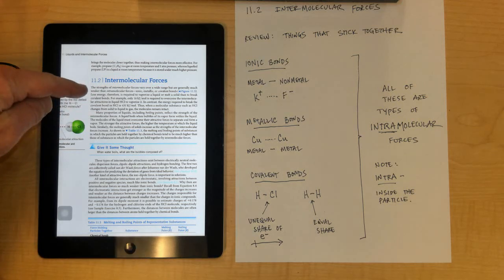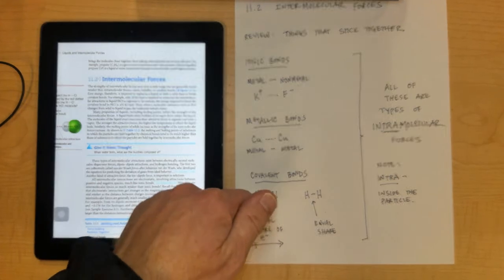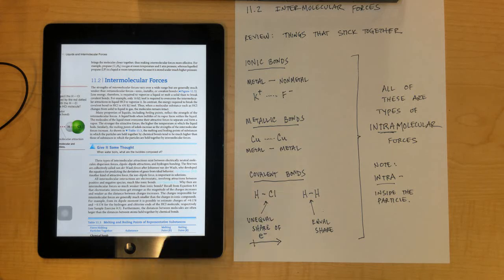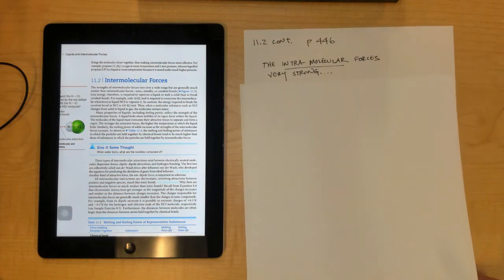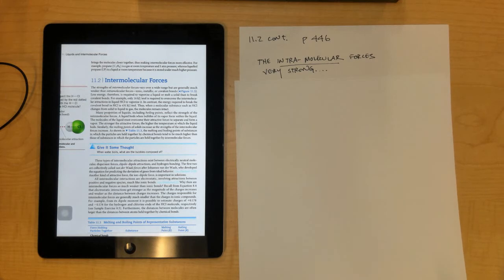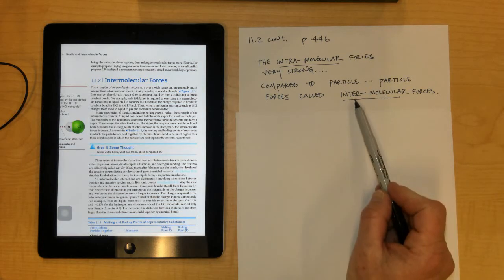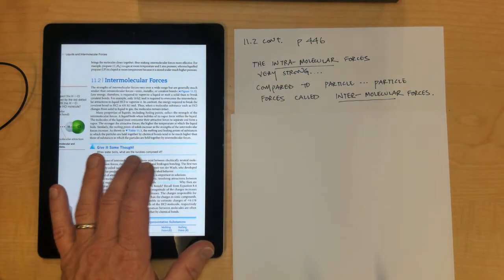We're going to focus in on the intermolecular forces right here. Not these, but once we have the particle, what makes the particle, like HCl, stick to another HCl? Or an HCl particle connect to an H2 particle. So the intramolecular forces are the ones that are very, very strong. Those are the ones that are super strong compared to the particle-particle forces called intermolecular forces that are between the actual molecules.